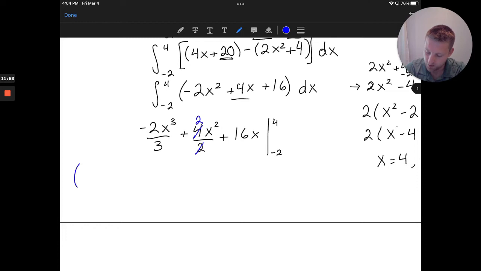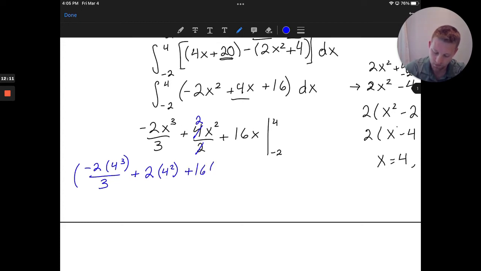So we'll take this evaluation at 4, then we'll have negative 2 times 4 cubed over 3. We'll have plus 2 times 4 squared. And then finally plus 16 times 4. We'll take that as a bracket.